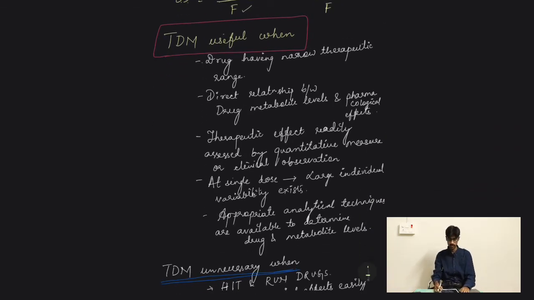So therapeutic drug monitoring is useful in which cases? It is useful in the case of drugs having a narrow therapeutic range, or when there is a direct relationship between the drug metabolite levels and the pharmacological effects, and the therapeutic effect is not readily assessed by quantitative measures or clinical observation, or when at a single dose large inter-individual variability exists.